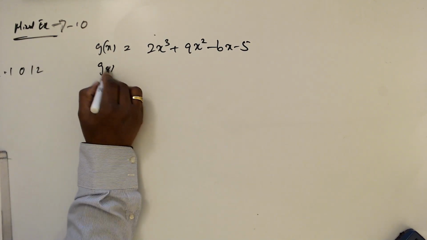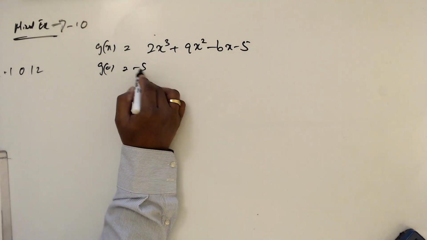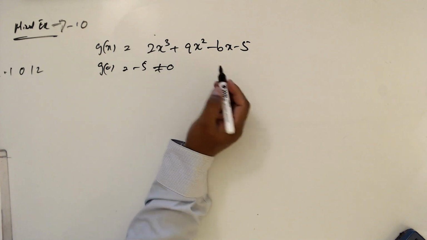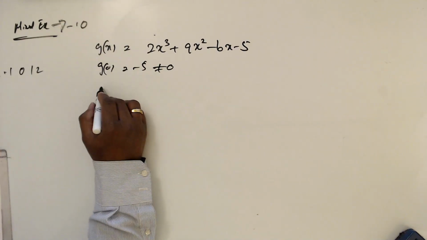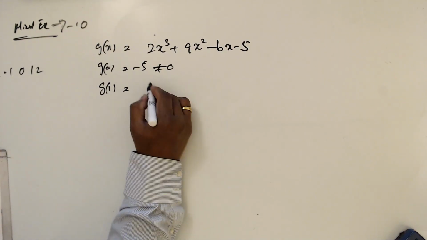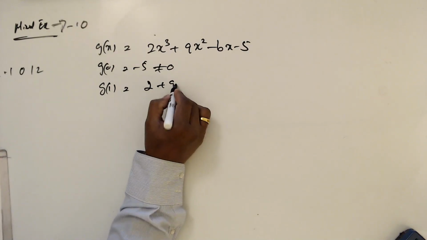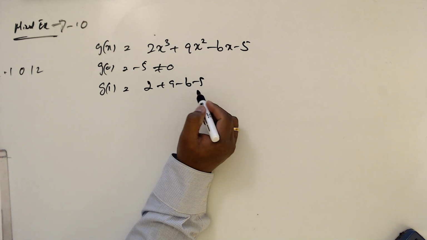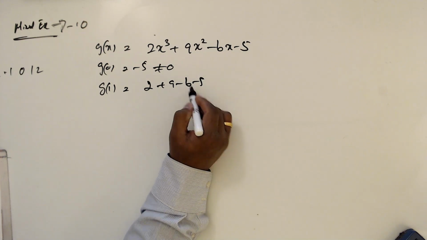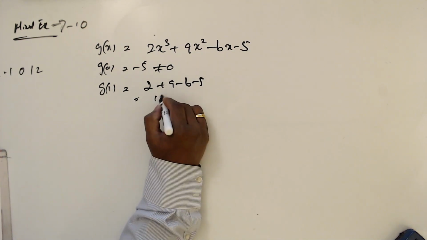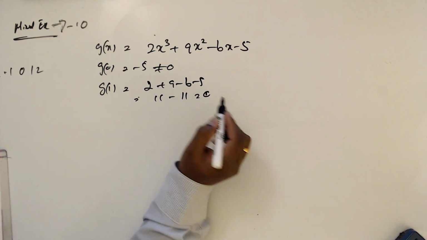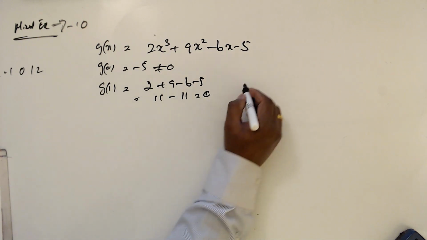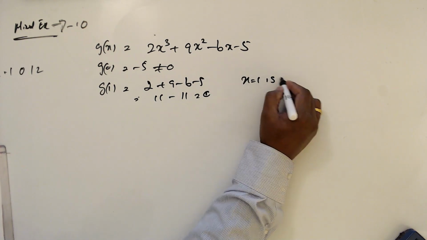So g(0) is minus 5, not equal to 0, not a root. g(1) is 2 plus 9 minus 6 minus 5, plus 11 minus 11 equals 0, right? x equals 1 is a root.